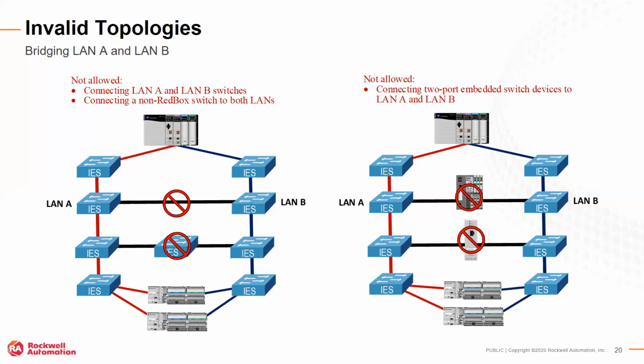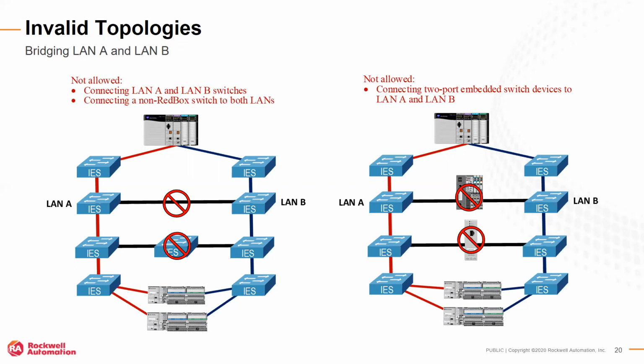So the first thing that's a no-no is you cannot connect LAN A and LAN B in any way. Because, as Mike mentioned earlier, PRP sends out identical communication stacks from the MAC address up to the application layer, that communication stack needs to be independent.